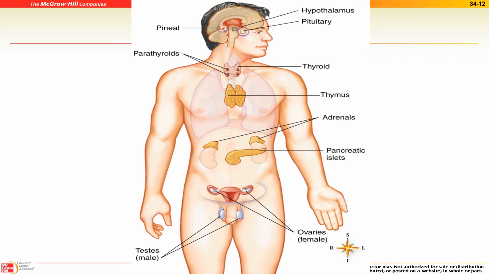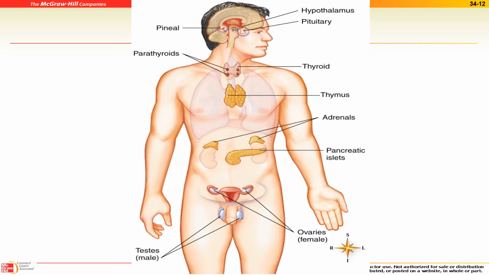Right above your heart, you have your thymus. Your adrenals, they are added to the renals, so they're added to your kidneys. They sit right above your kidneys, and they have different parts, cortex and medulla.